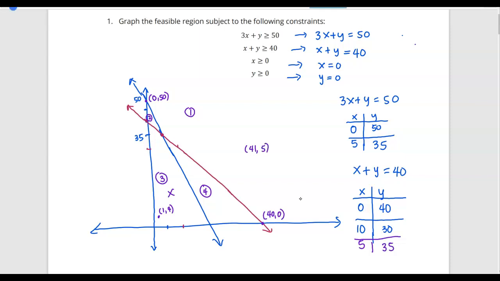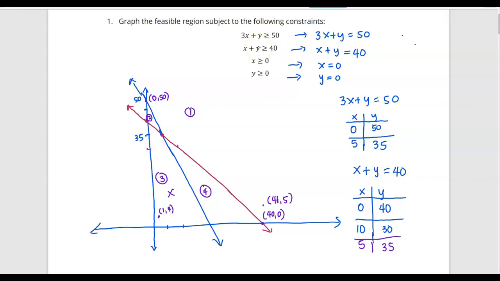So let's consider the ordered pair (41, 5). Where is (41, 5)? It is probably on this point here. So that is (41, 5) as our test point. Now let's check if (41, 5) satisfies both of these inequalities.